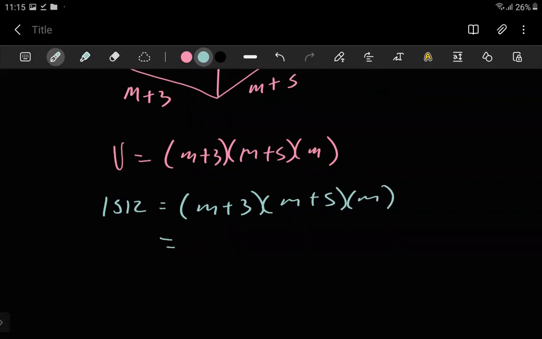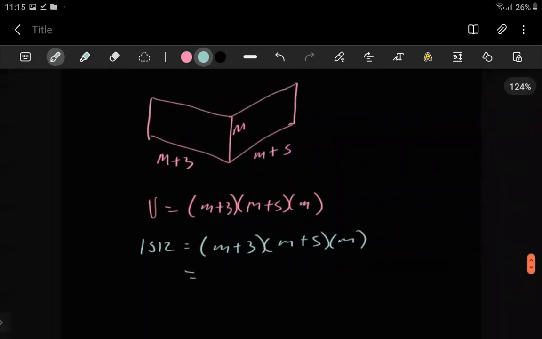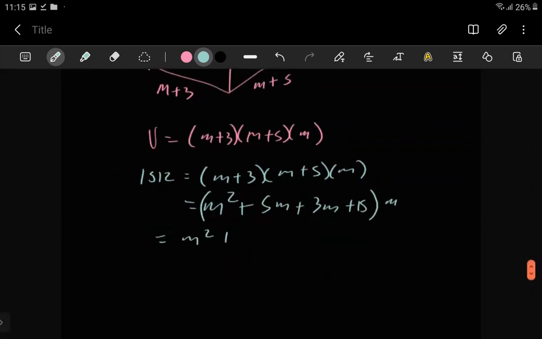So here we could think to ourselves, why don't we just solve for M? But the unfortunate thing is, this is not going to be a trinomial. It's going to be a cubic expression. So this is M squared plus 5M plus 3M plus 15 with M outside, which would be M squared plus 8M plus 15, which would be M cubed plus 8M squared plus 15M.